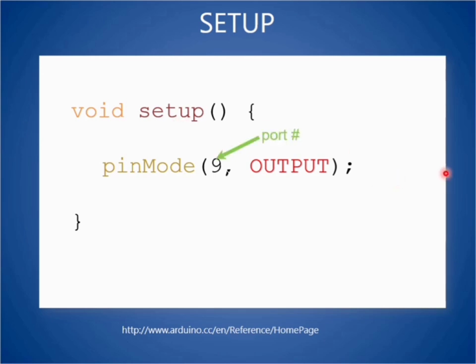Okay, so this is pin or port and the input or output pin. Okay, output devices that has to be connected. So this is how we write pinMode syntax code under void setup.